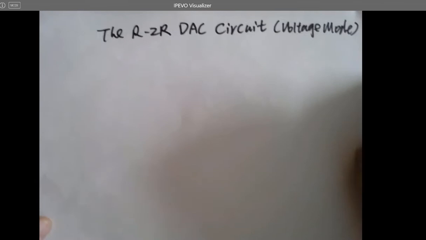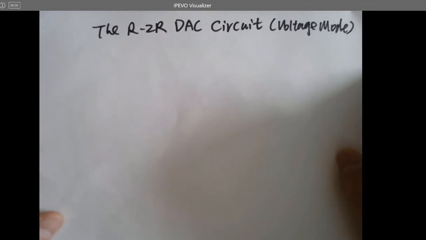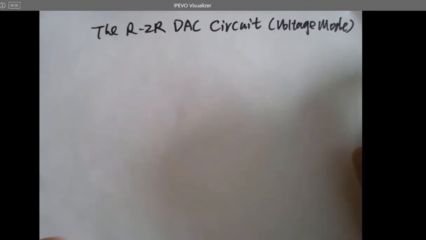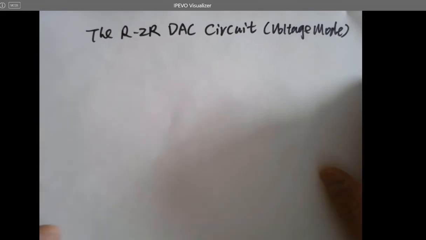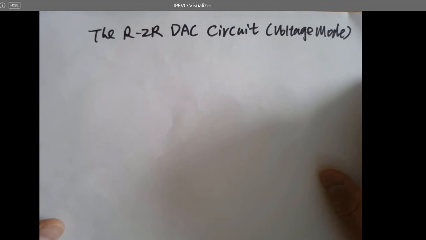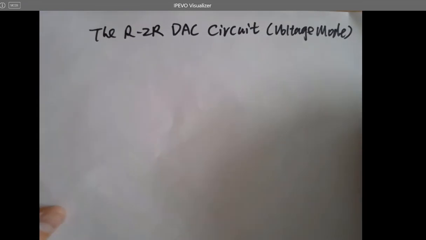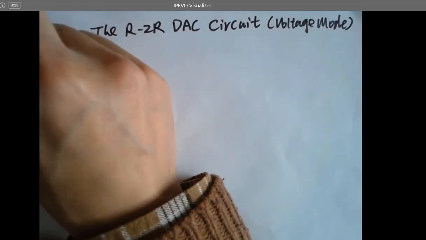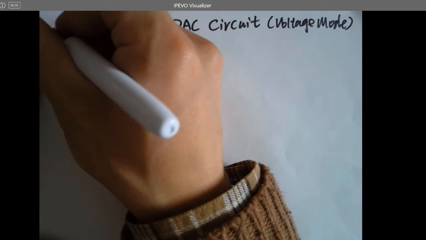During the interview, do not just say the R2R ladder is the only DAC available. There are many types of DACs, but it's kind of surprising, you know, you can just use a resistor string and form a DAC really nicely. Topology.